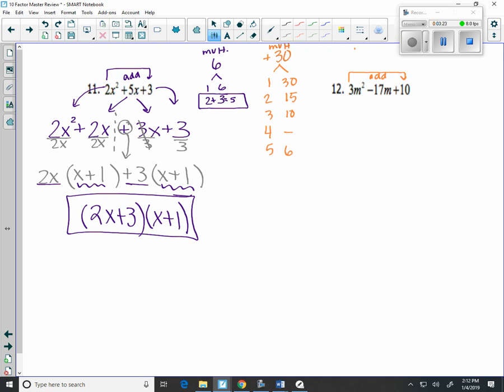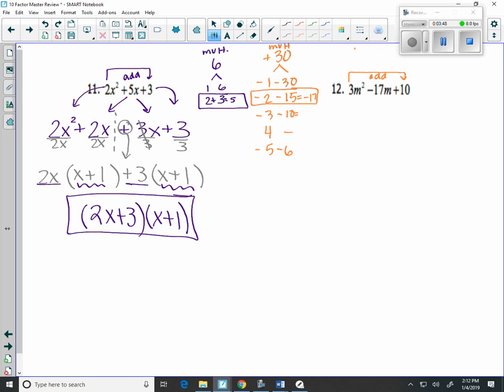So now I'm looking to add to negative 17. And since I'm multiplying to a positive, that could be 2 positives or 2 negatives. So let's just add our negatives in there. You may be able to see it really quickly. If you can't, start subtracting. Negative 2 minus 15 is negative 17.